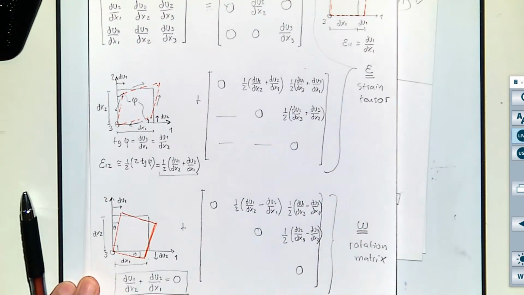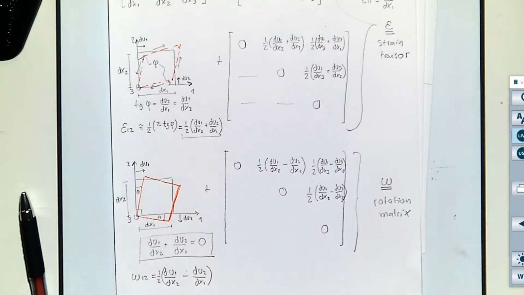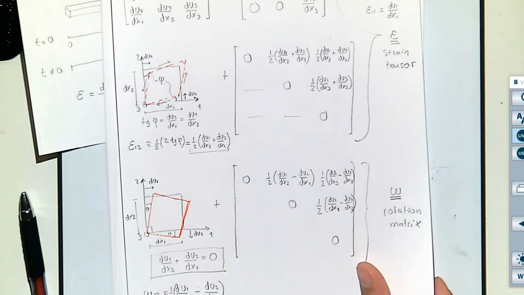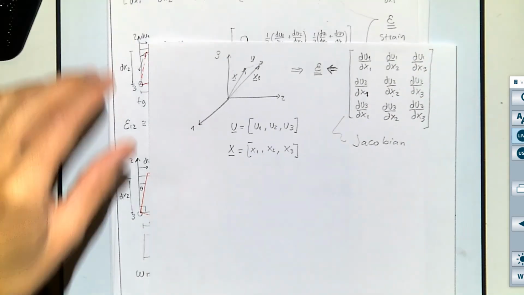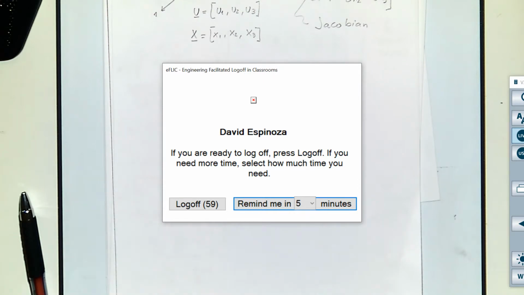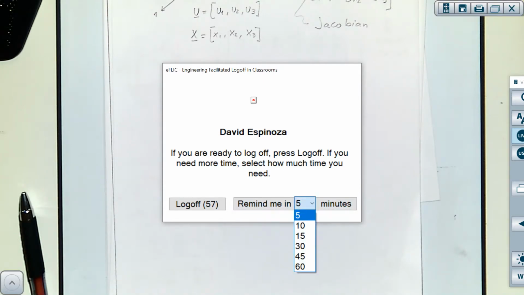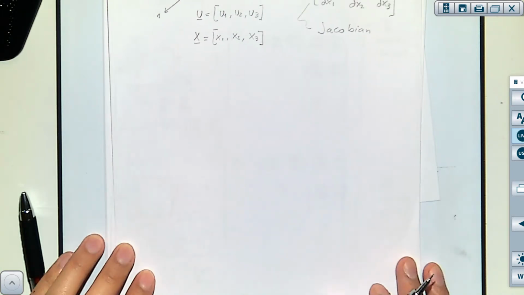So summarizing then, in order to write the strain tensor, I'm just going to write now everything in a single matrix, but it's going to be the same. Let's put 60. I don't think I'm going to stay 60 minutes more, but let's just put 60.